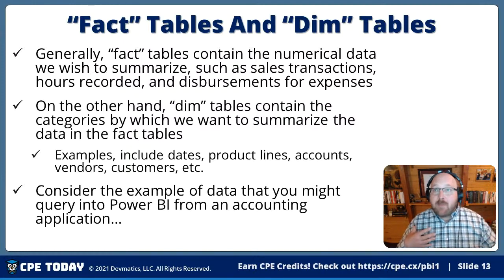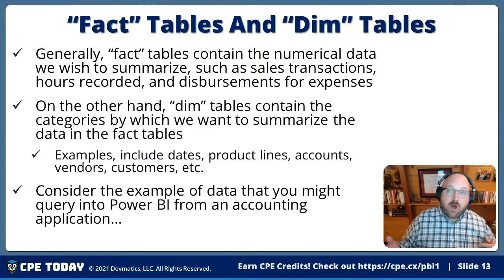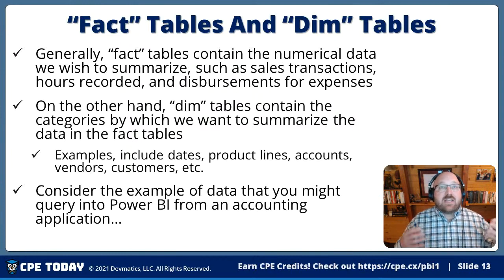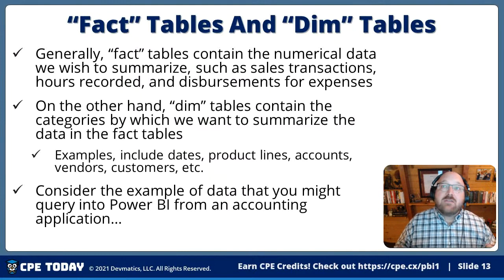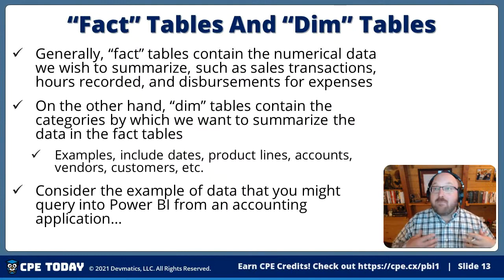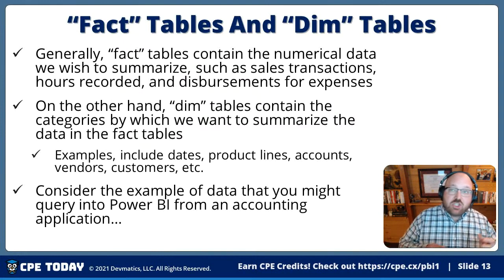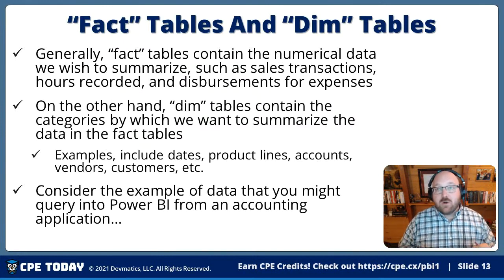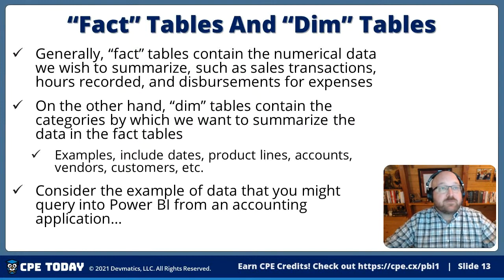Now, we're going to have dimension tables, and those are going to be the things that we're going to relate back to the fact tables. And the dimension tables will be our categories, it'll be our products, it'll be our customers, and it's going to be the thing that provides context to understand these facts, that makes it useful for us, so that we can understand trends, so that we can see the general direction of where our sales are going, the general direction of how our costs are increasing or decreasing, the general direction of where we might want to choose to expand our business.